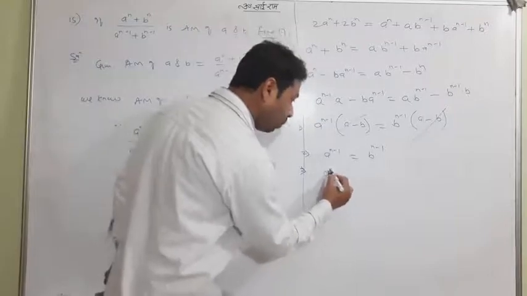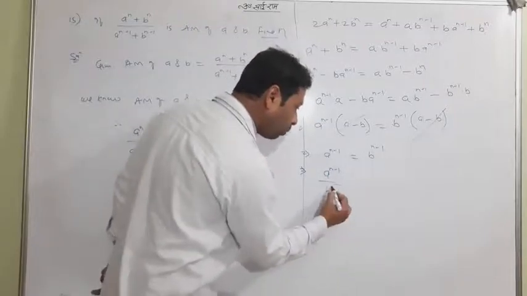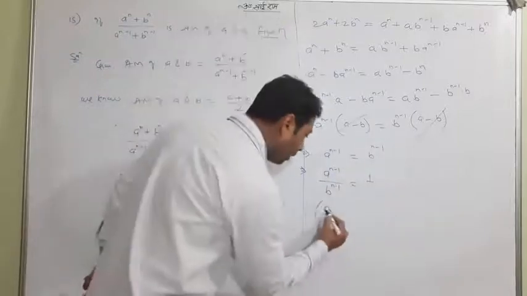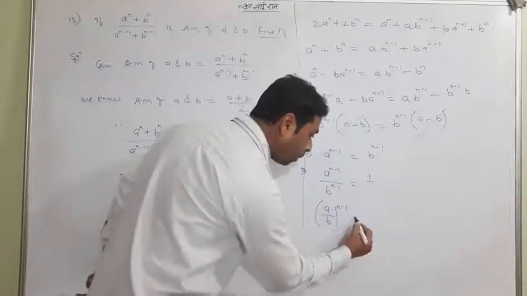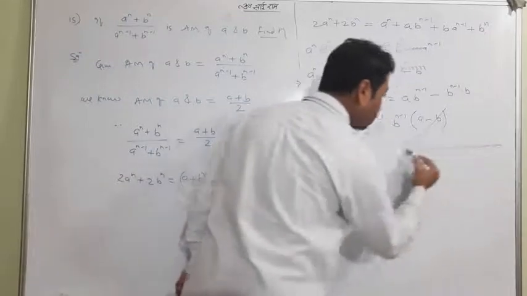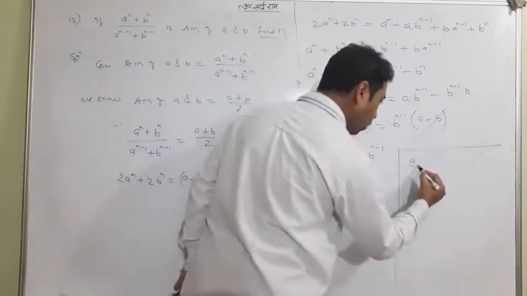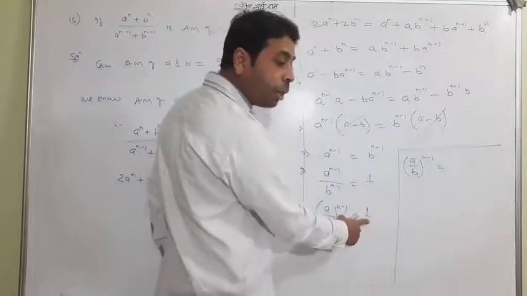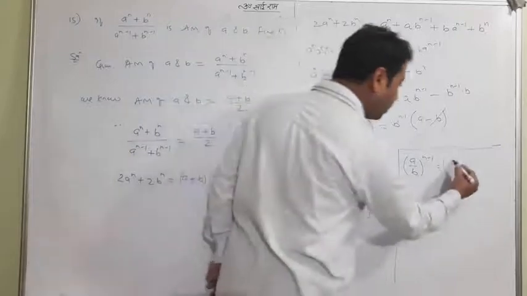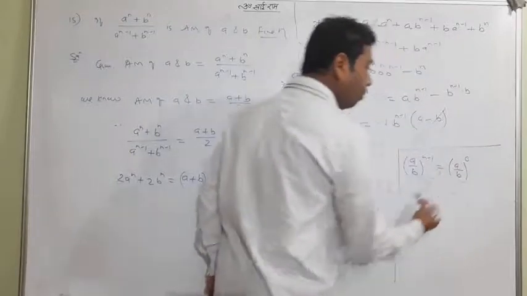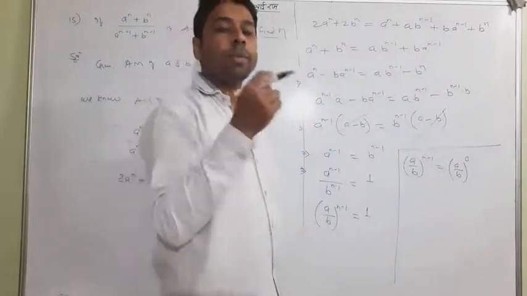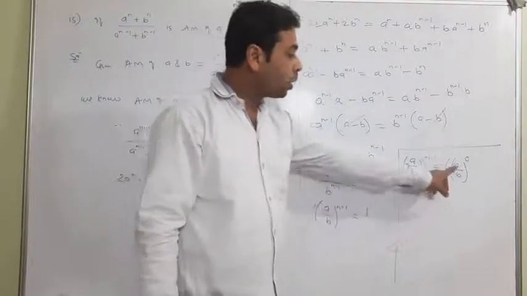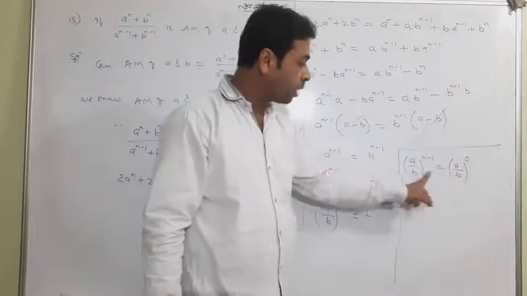And now a to the power n minus 1, I transfer b to the power n minus 1, equal to what, coming 1. Now I'll make (a upon b) whole power n minus 1 and it is 1. Can you see this part? It's the important part. (a upon b) to the power n minus 1, this is 1, and intentionally I will write instead of 1 as (a by b) to the power 0, because you know that the power 0 of any number gives us 1, and I took specially and intentionally a by b because here it is a by b.